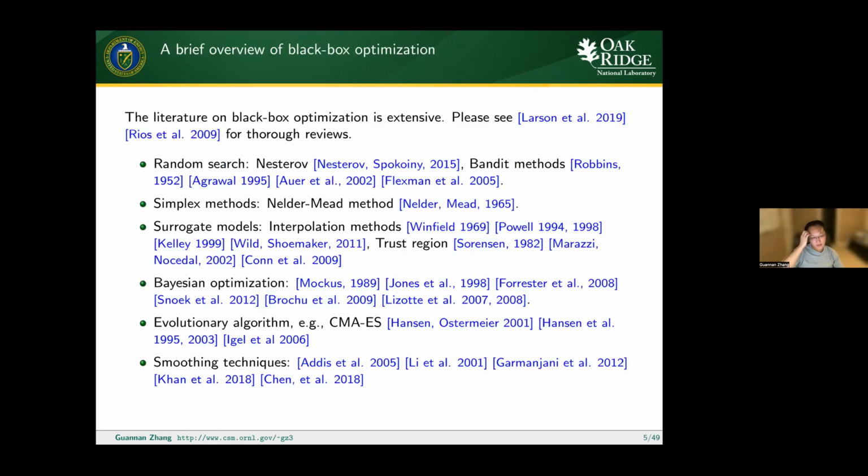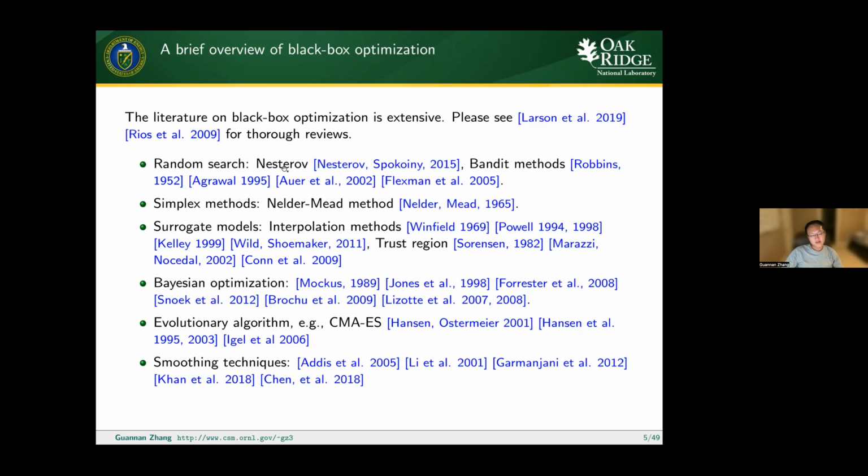Here is a brief overview of the black box optimization literature. There are two very good overview papers if you're interested. This is an incomplete list of extensive literature, and I categorize it into the following classes.